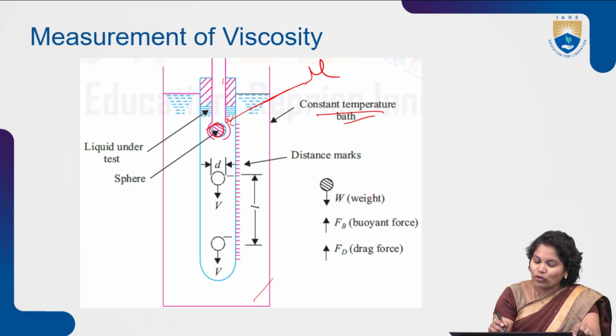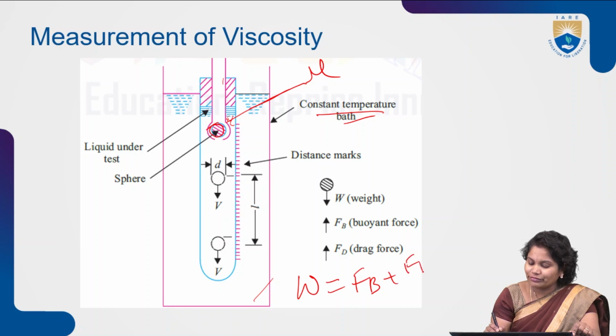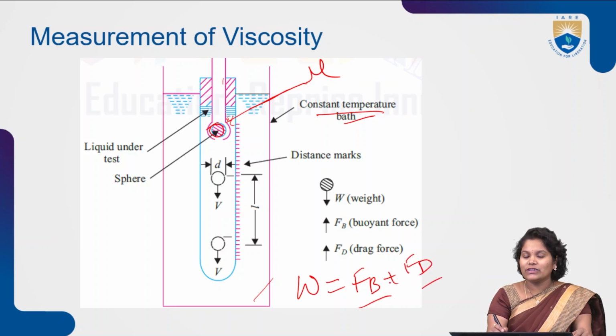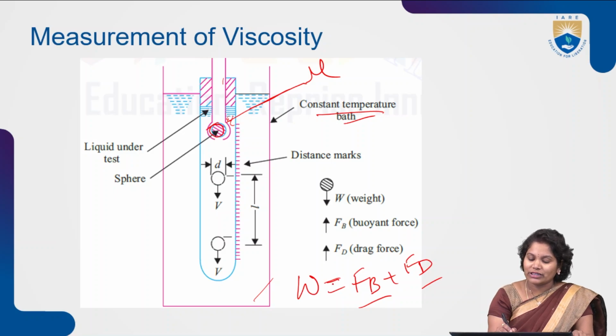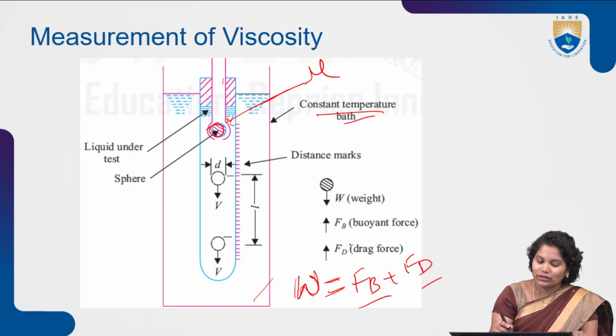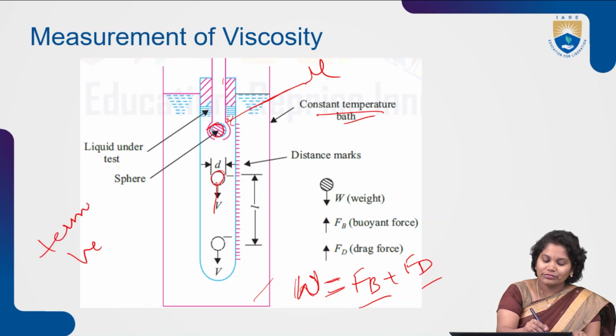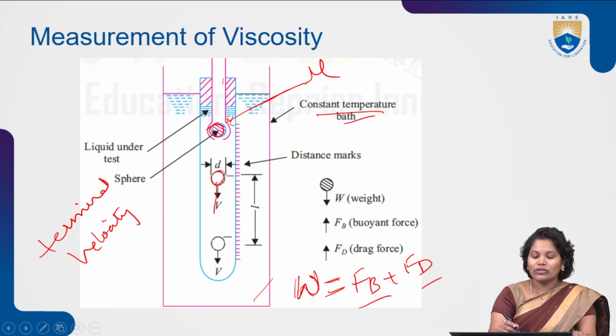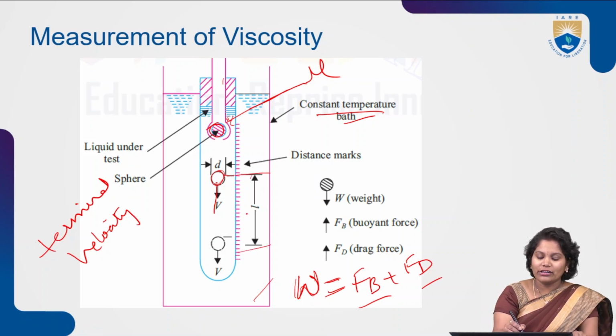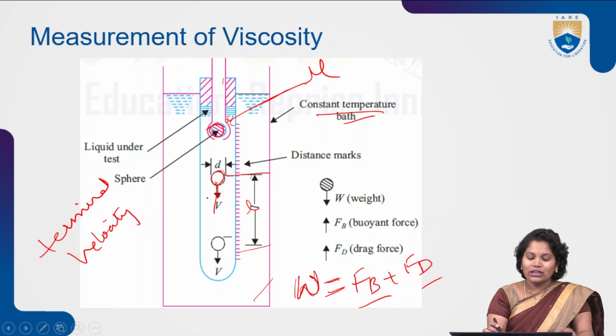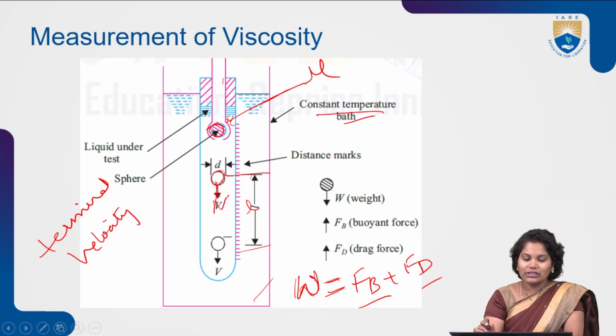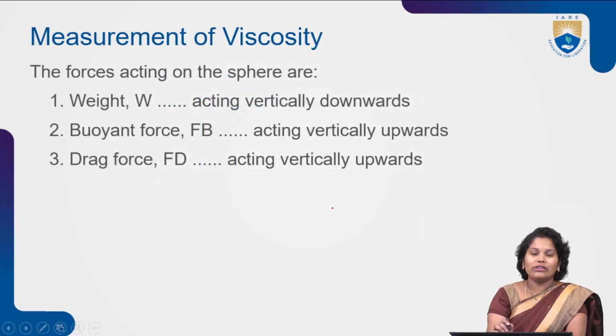When the weight becomes equal to F_B plus F_D, the buoyancy force and drag force, we say the sphere is moving with the terminal velocity. From here to here, they have taken the length L, and this is the velocity V. Now we see how we calculate the viscosity from the sphere.